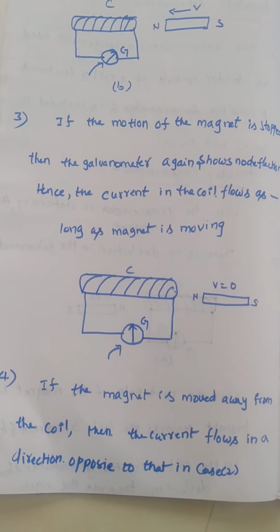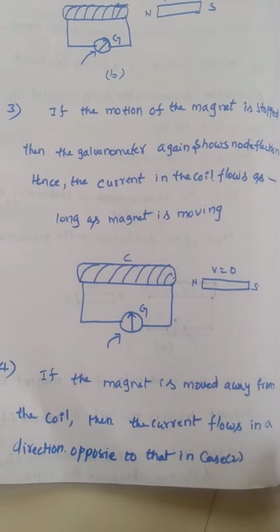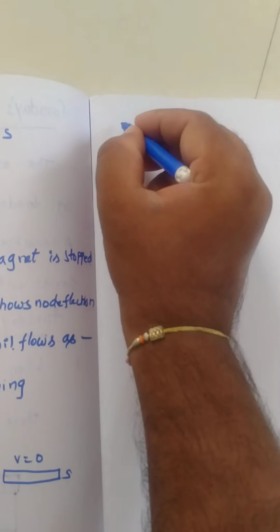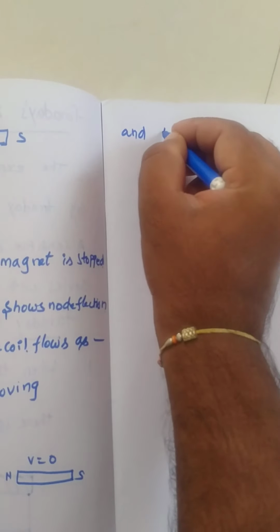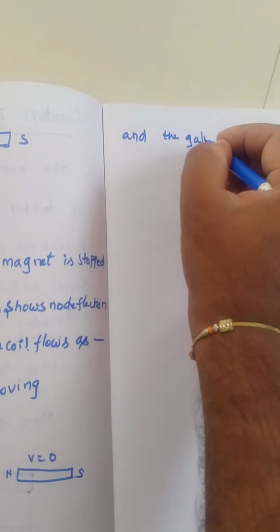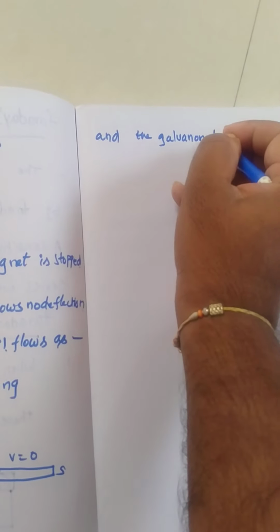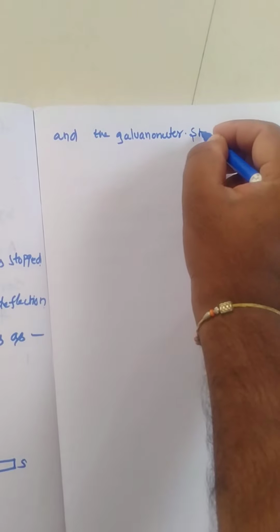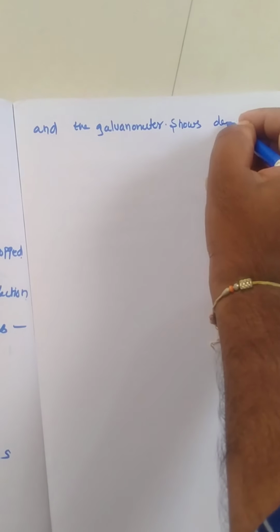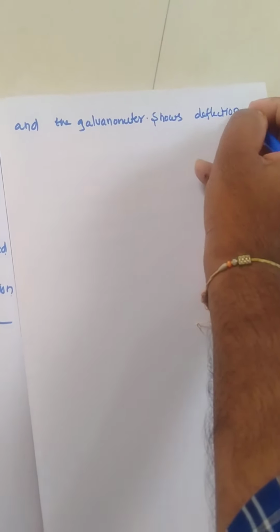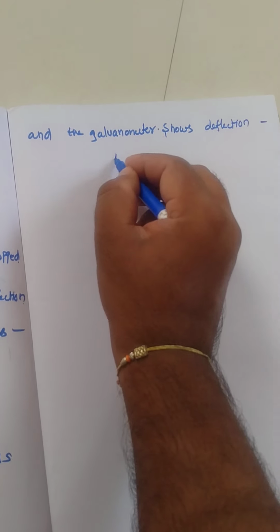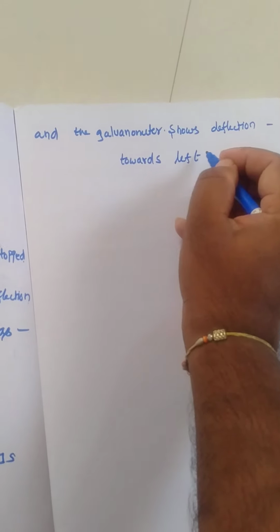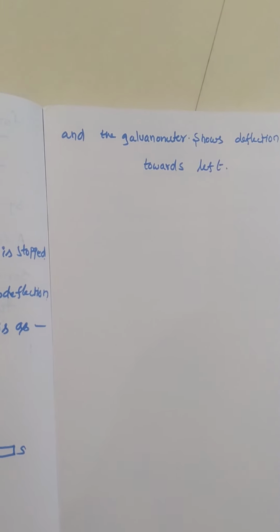So in case 4, the galvanometer shows deflection towards the left. I think everyone got it.